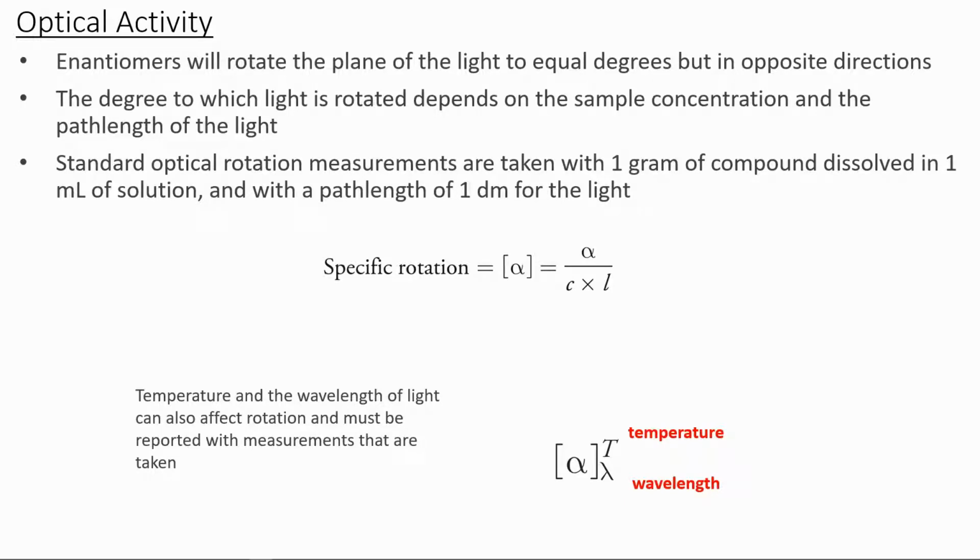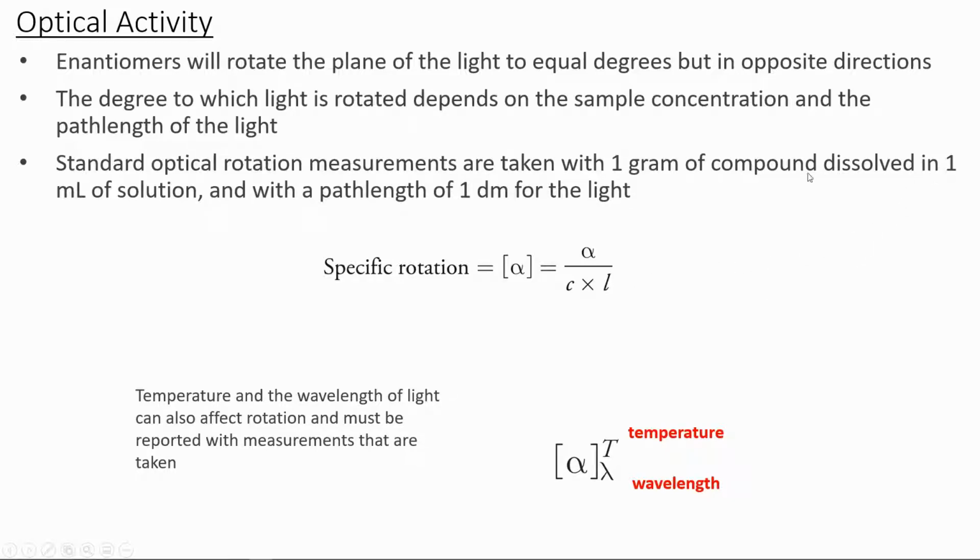There's a few parameters that we have to incorporate into an equation that calculates the specific rotation. And the specific rotation for each compound is going to be specific to that enantiomer. And so we're going to look at the observed rotation, and that is going to be related also to the concentration of the molecule and the path length of the solution.